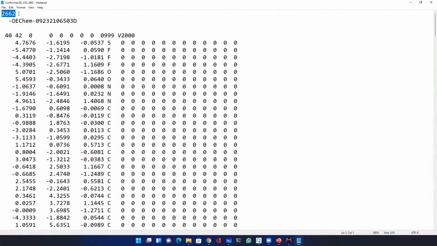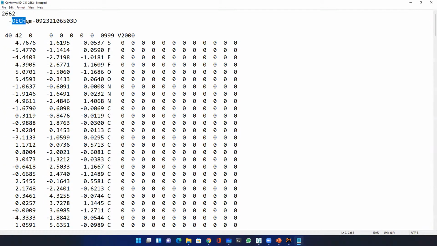One molecule can be identified by a variety of different names, so PubChem gives a unique identifier to every molecule so that we can identify that molecule just by its unique ID. So 2662 is the unique identifier for celecoxib. No matter how you call it, whether with a chemical name, a brand name, or an IUPAC name, you are still referring to the same molecule.